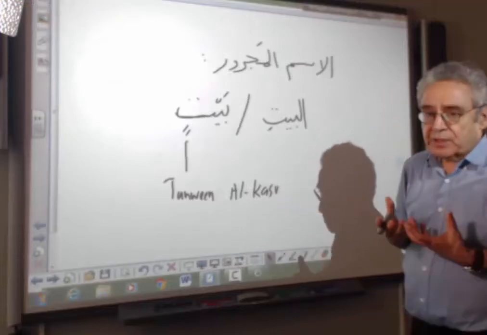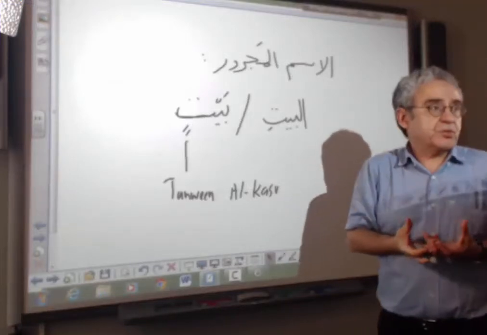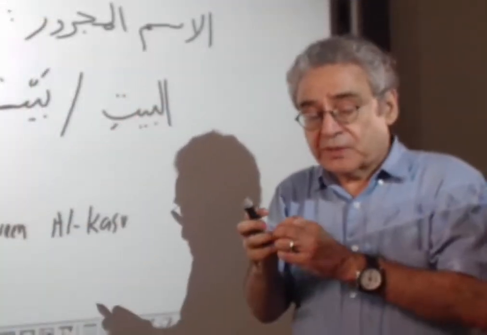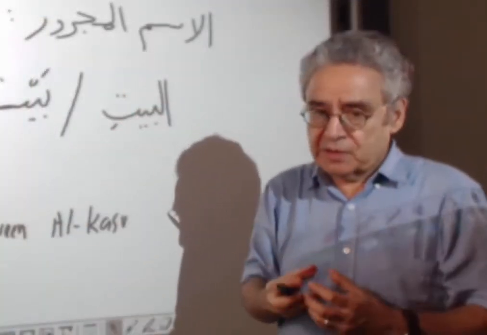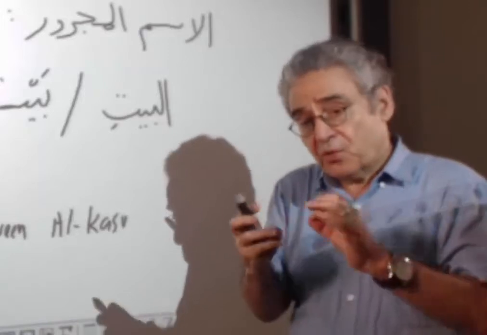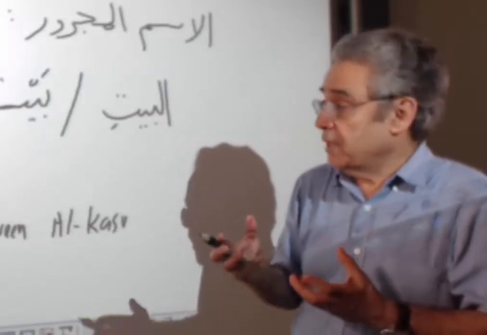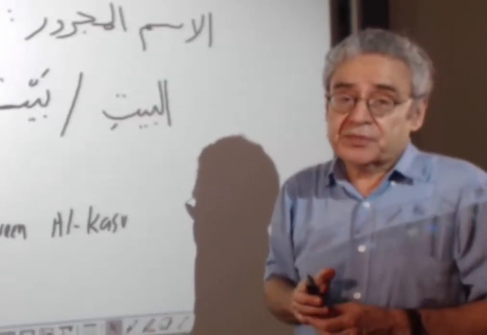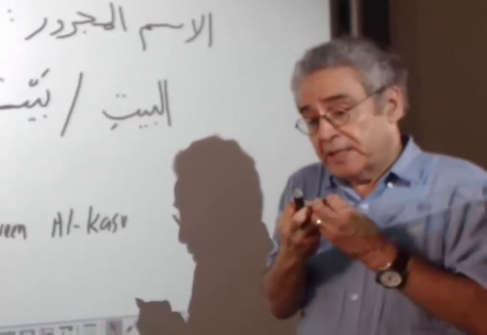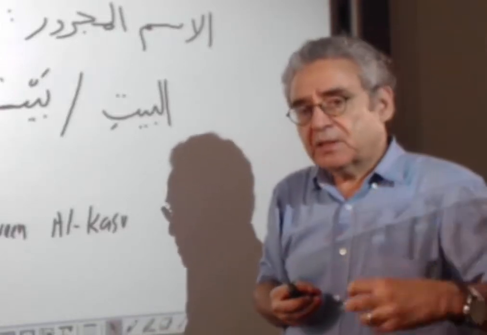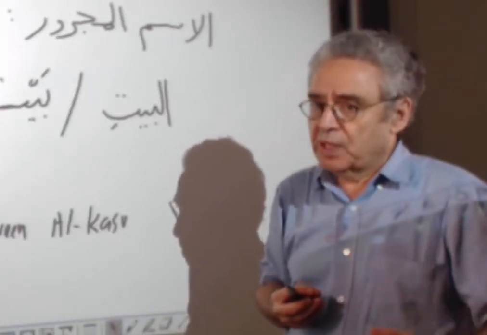I think maybe in the next session we can take some more sentences, maybe from the Quran, where the case markings are used. If you take Al-Fatiha, we can read it with the case markings, and that will give us good practice on how to read the case marking, or al-i'rab.